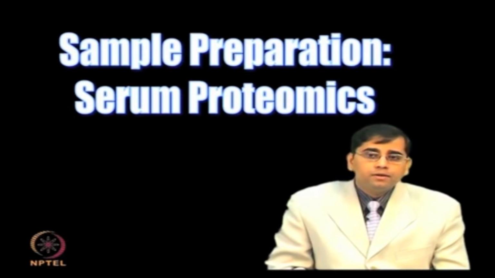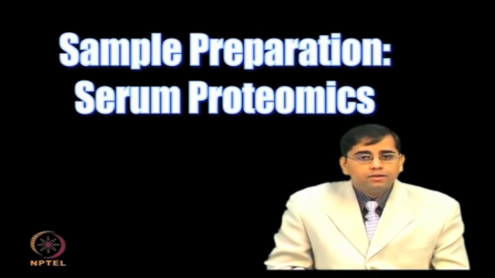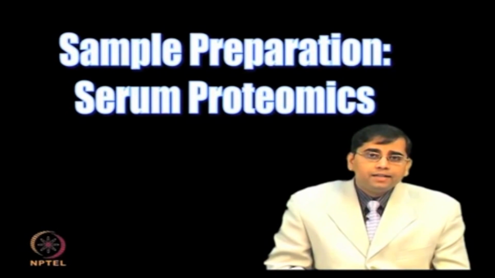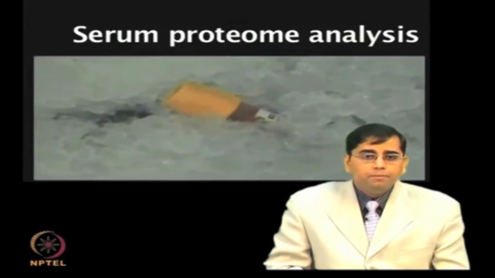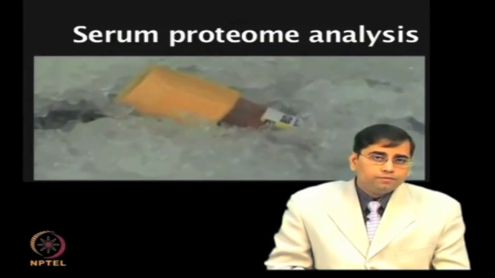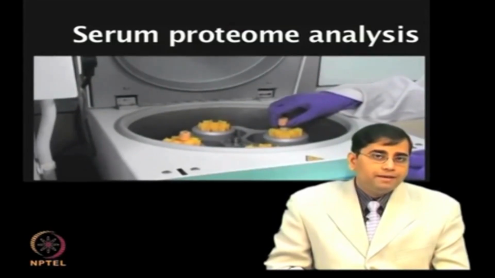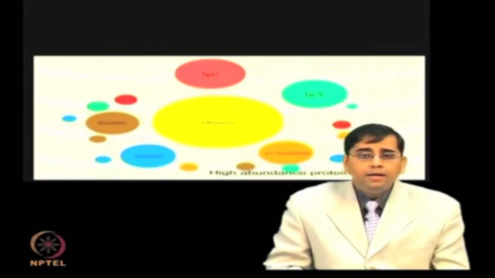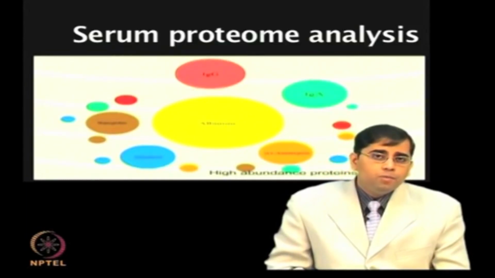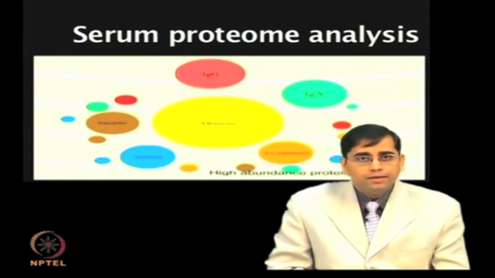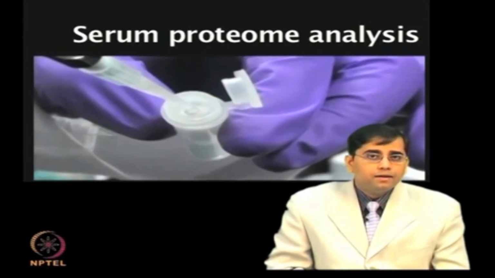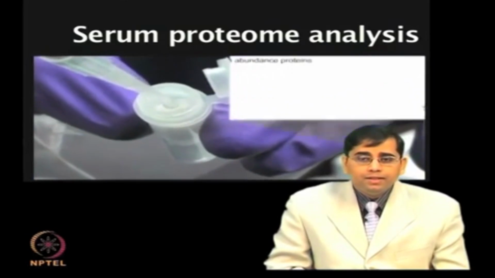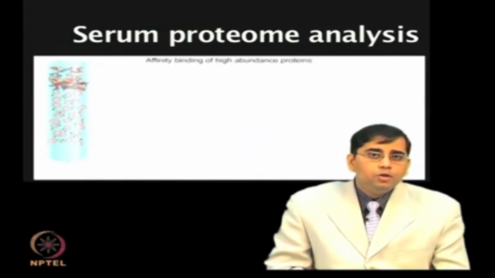For example, serum proteome analysis shown here illustrates that proteins in biological systems such as serum may have differences of several orders of magnitude. Albumin and immunoglobulin are the most abundant proteins in serum, which mask other low abundant proteins which are present in lower concentration.